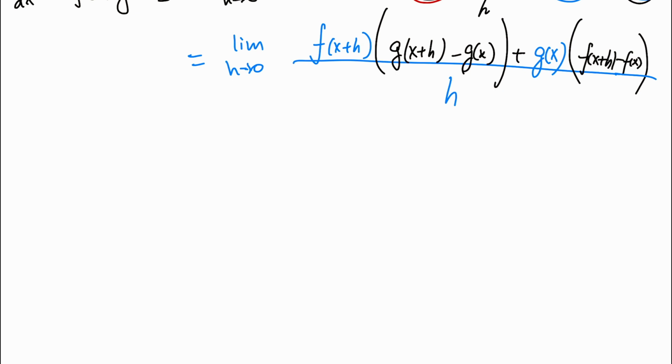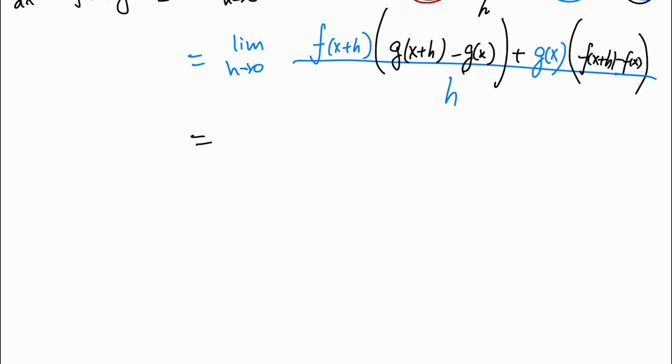And obviously at this point you might recognize these kind of things, but we can use the property of limits. So technically this is the limit of f of x plus h as h approaches 0, and this f is defined, so this part can be ignored.